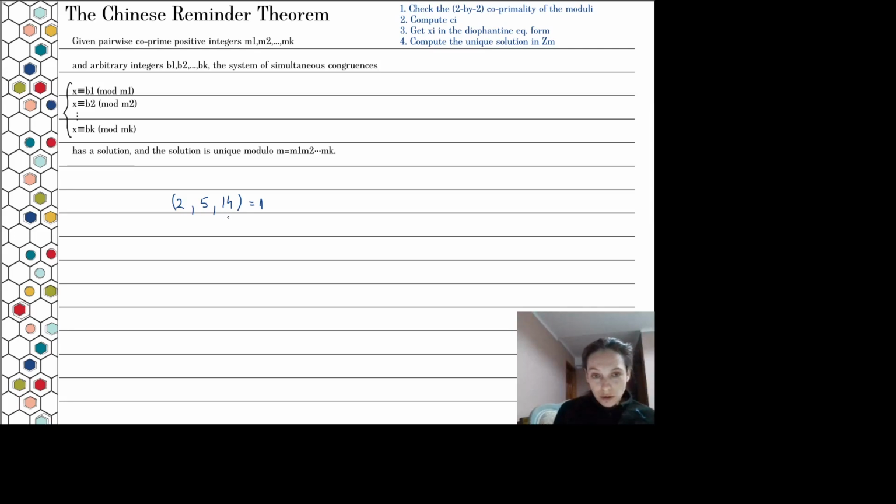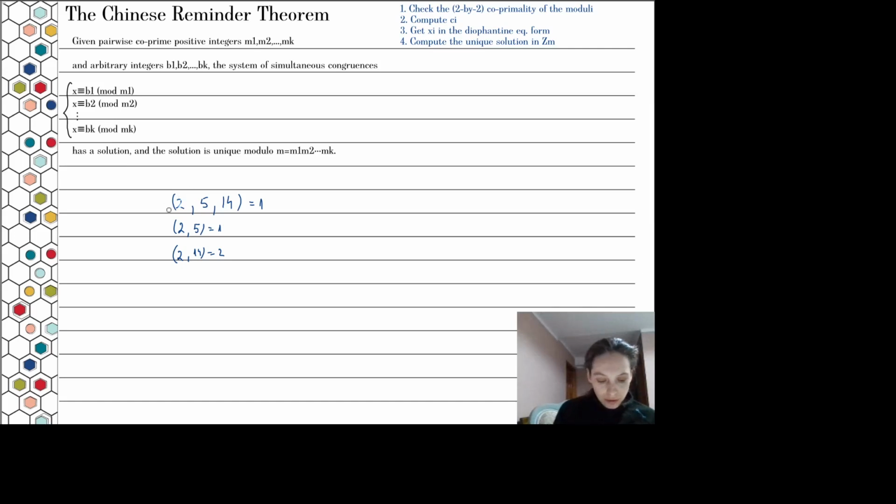But they are not 2 by 2 co-prime, because if we take them 2 by 2, then 2 and 5 is okay, they are co-prime. 2 and 14 is not co-prime because their greatest common divisor is 2. So these three numbers are co-prime but are not 2 by 2 co-prime.